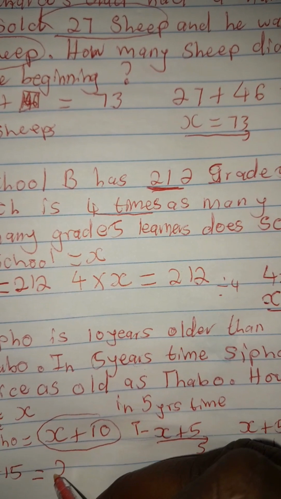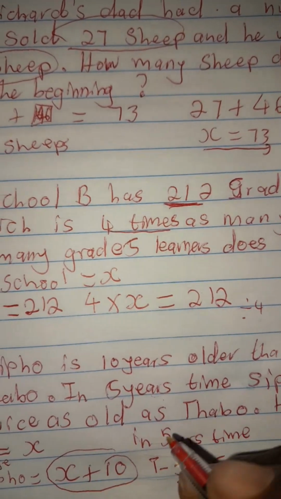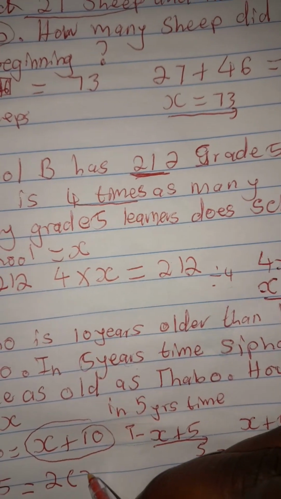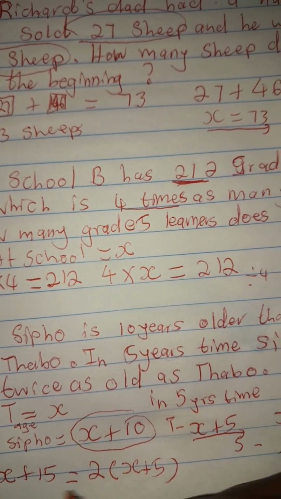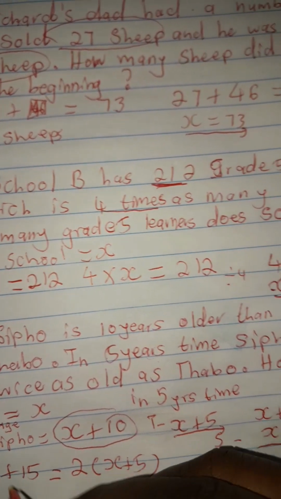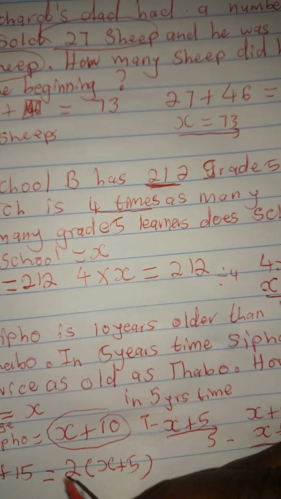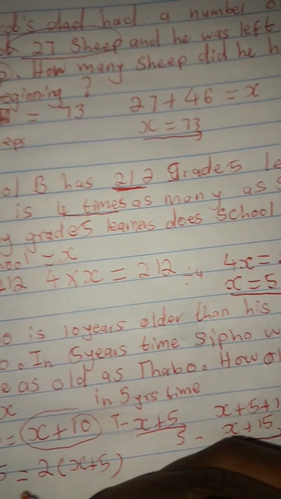That means we are going to put 2 times Thabo, and remember that Thabo will be X plus 5. So we formulate an equation. Sipho is twice as old as Thabo, so that will be 2 times X plus 5.